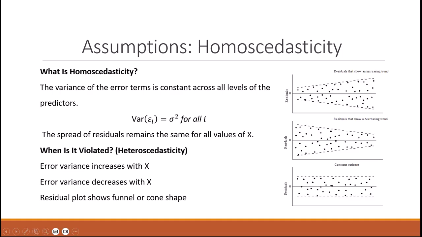If the error variance increases with x, or with the observations, it means that we do not follow it and we have heteroscedasticity. Or if it decreases, we have heteroscedasticity. So it is important that we have constant variance of the residuals with the increase of the independent variables.